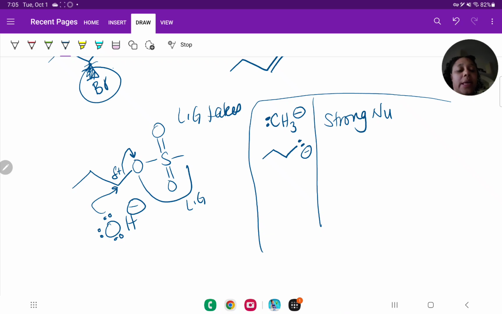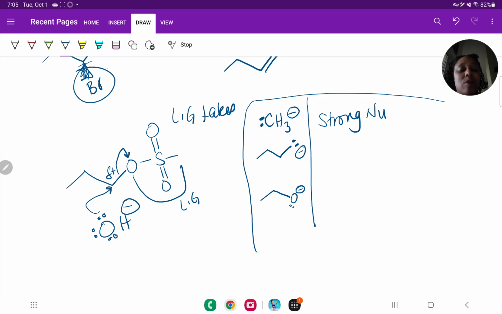On the other hand, if you had something like this, this is called ethoxide, it's not as strong. So it's a good nucleophile, but it is not as strong because oxygen does like to have negative charge compared to carbon.